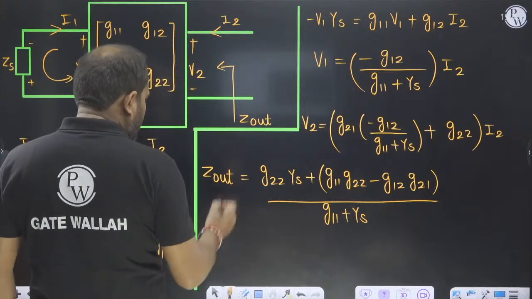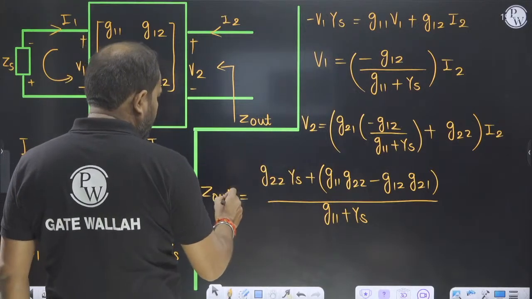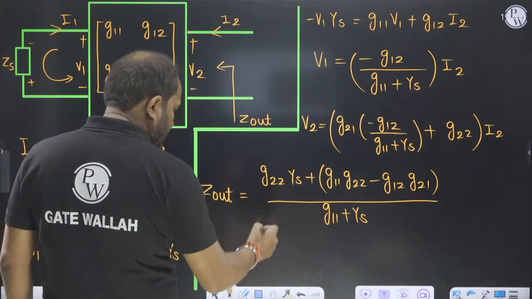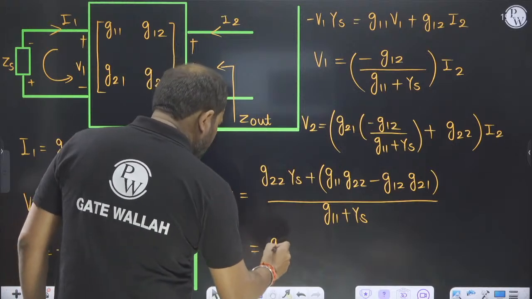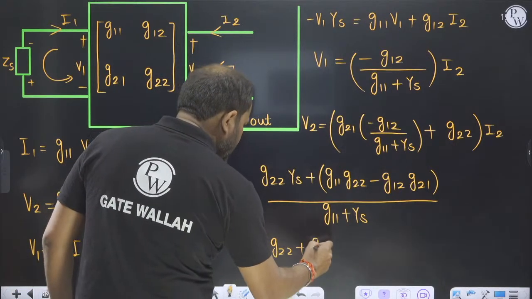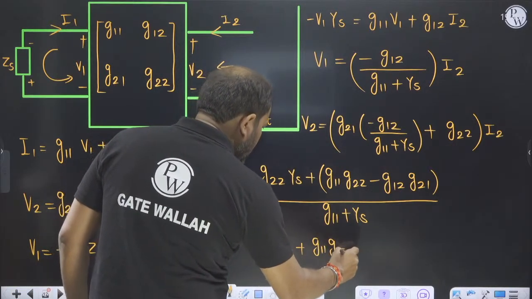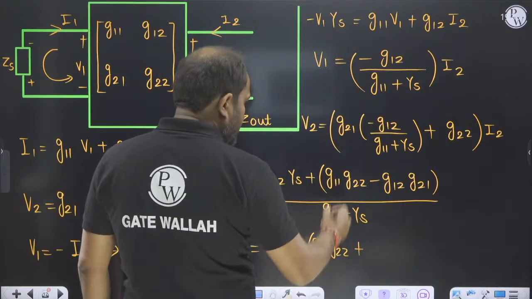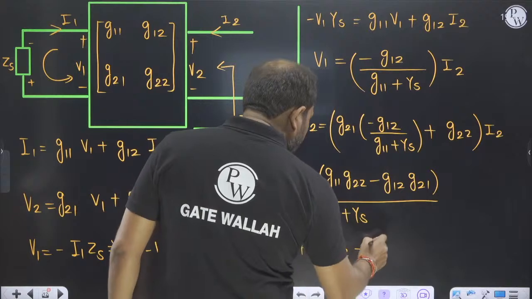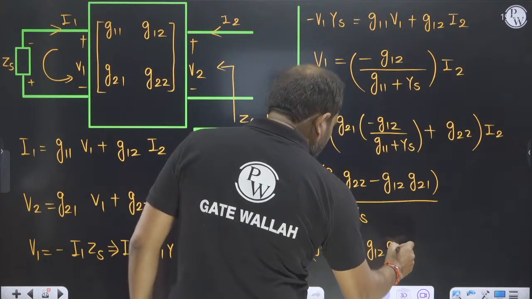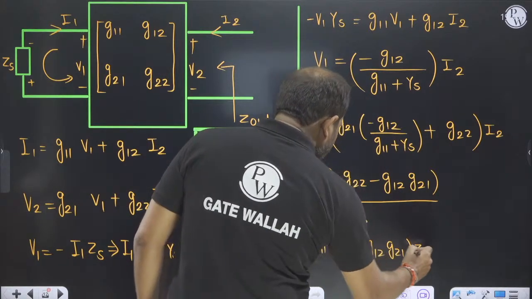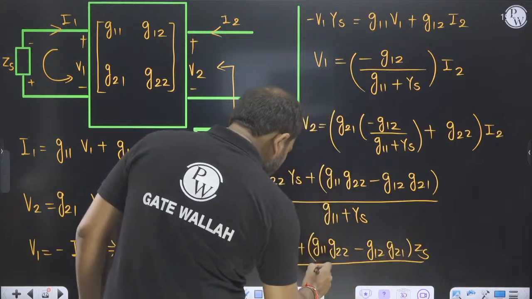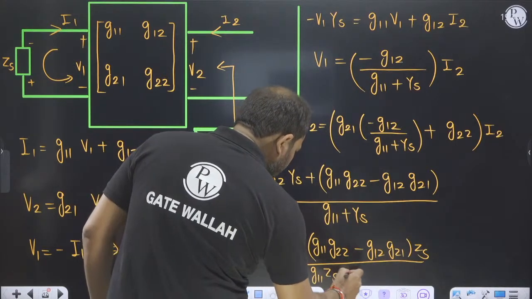Then this Z out, written in terms of YS, can be written in terms of ZS: G22 plus G11 G22 minus G12 G21 into ZS divided by G11 into ZS plus 1.